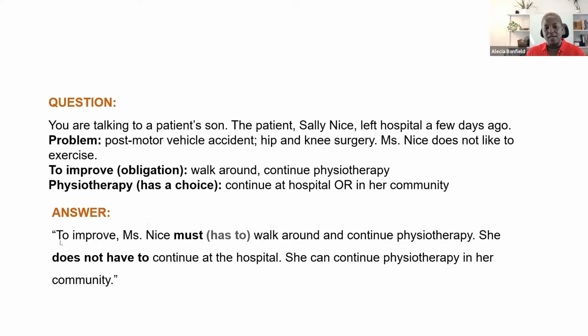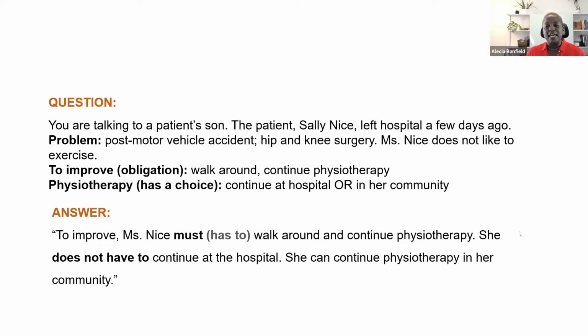You should have answered something like this: to improve, Ms. Nice must or has to walk around and continue physiotherapy. She does not have to continue at the hospital. She can continue physiotherapy in her community.